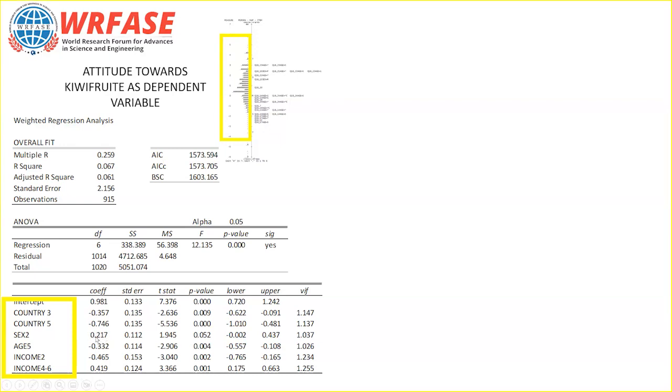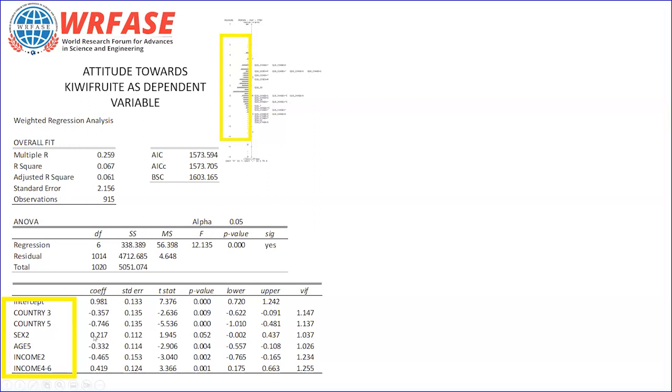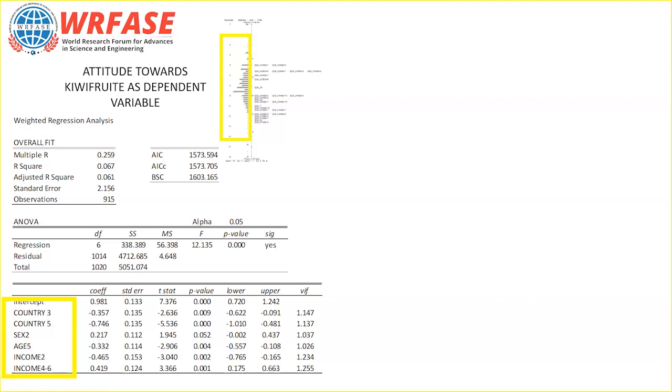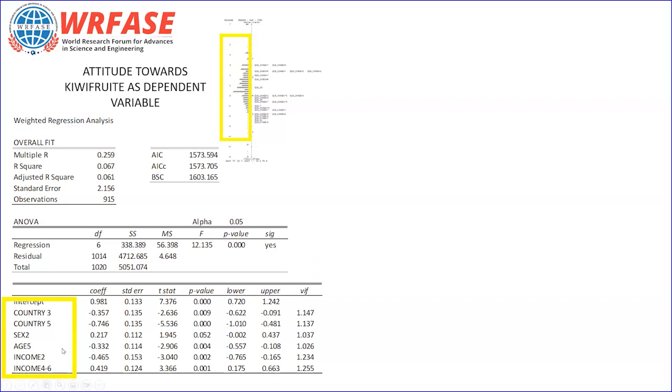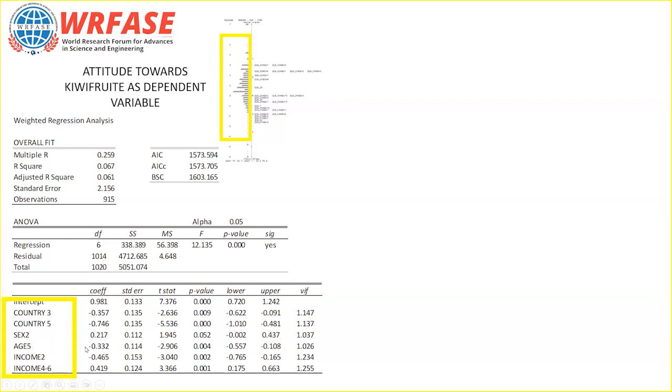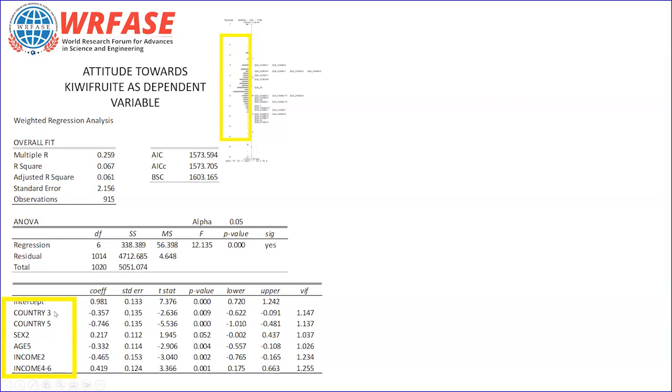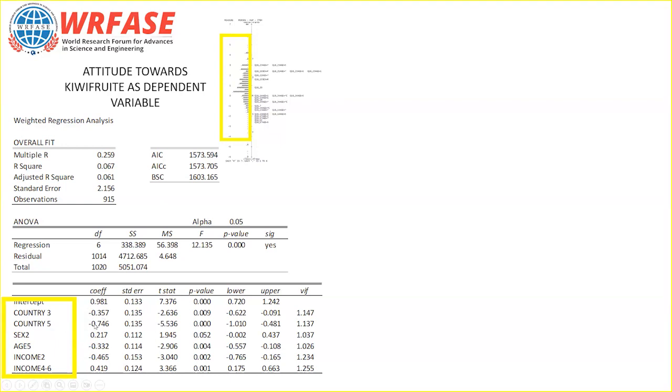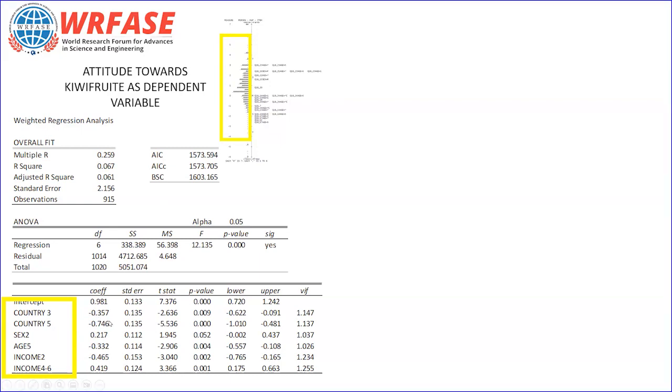This means that females have a statistically higher attitude toward kiwi than men. And for example, age 5 are old people. They have lower attitude towards kiwi fruit. In this country variable, Germany and Spain have in general lower attitude toward kiwi fruit than Italy and France.